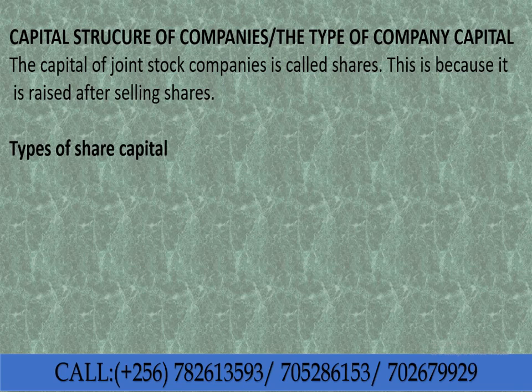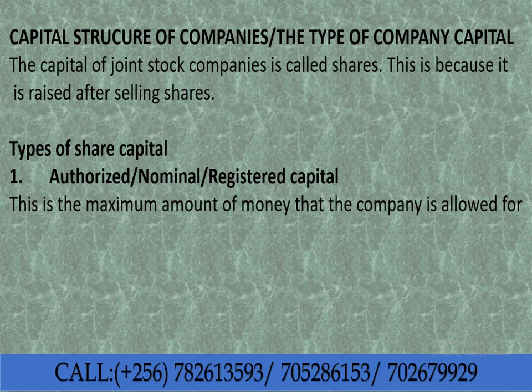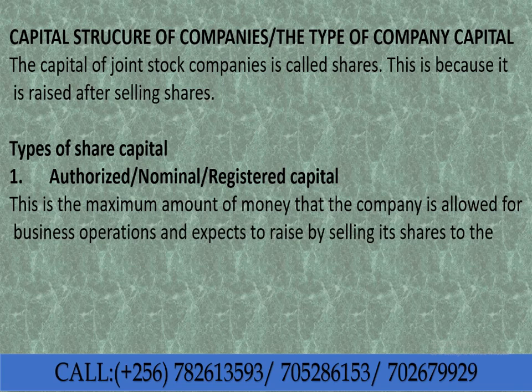Let's talk about the different types of capital in joint stock companies. How are they called? Authorized capital. Sometimes they call it nominal capital, sometimes registered capital. This is the maximum amount of money that the company is allowed for business operations and expects to raise by selling its shares to the public.